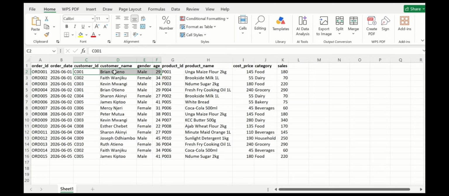That means we will have to keep repeating the same details of Brian Otieno up to 20 times. So there'll be a repetition of information. In that way, it will lead to what we call data redundancy, where we are repeating the same information instead of just writing the customer ID, and we fix that problem. So the second problem is what we call data redundancy.